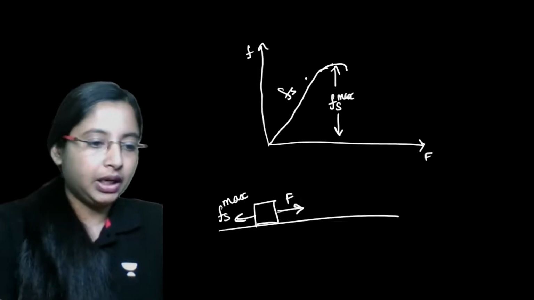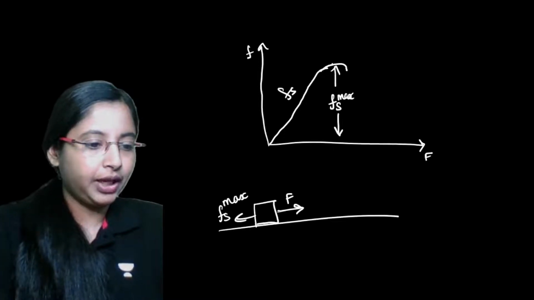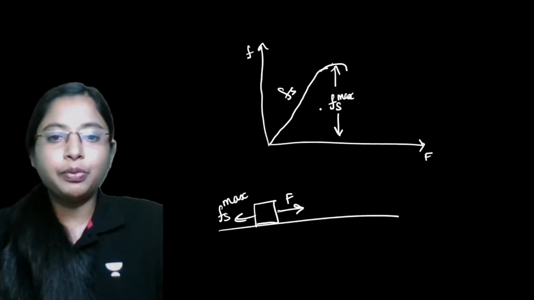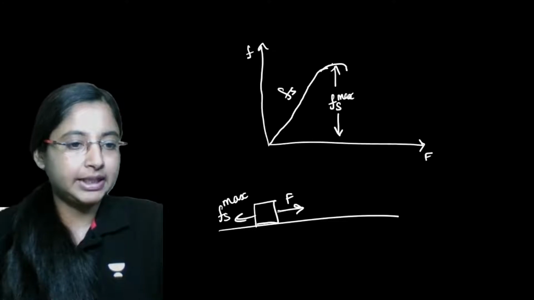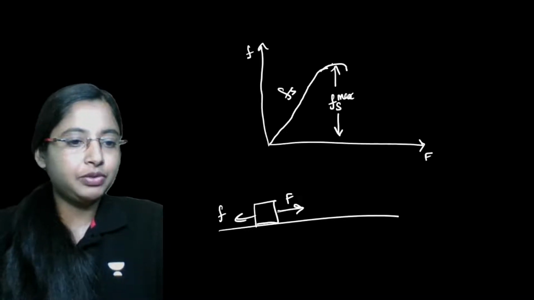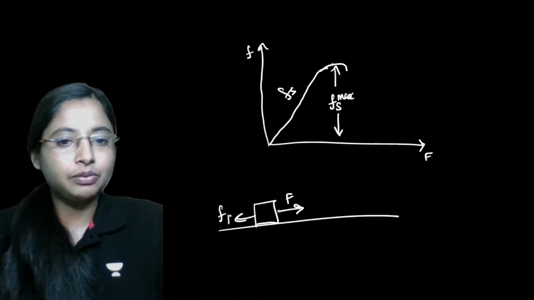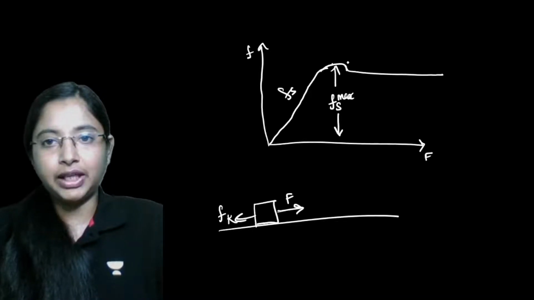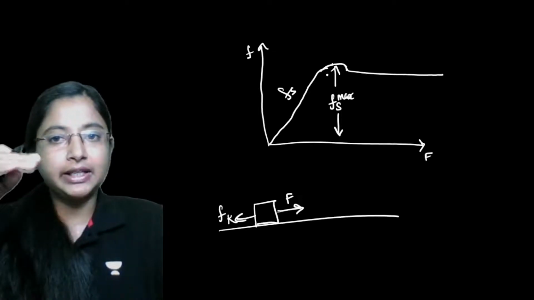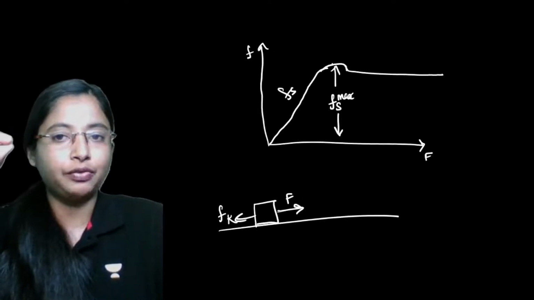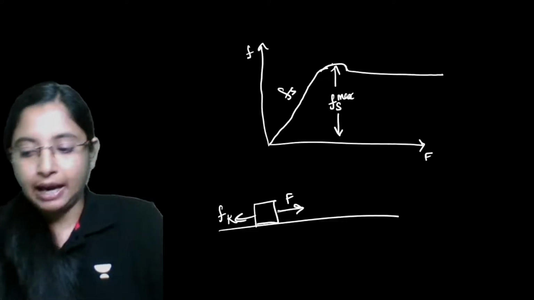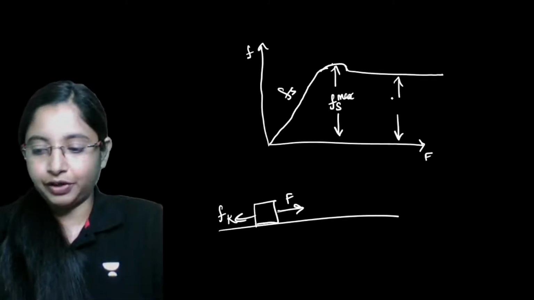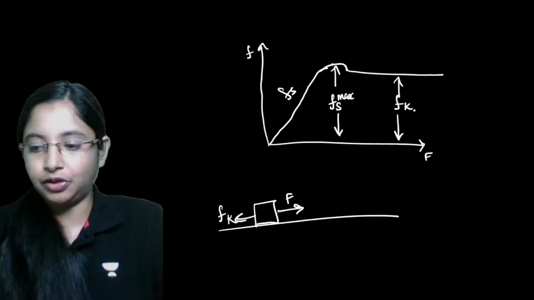After this point, if you apply force, the object begins to move, and the force that comes into the picture is kinetic friction. Static friction increases; at one point you have maximum static friction, which is limiting friction, after which kinetic friction comes into the picture as the object is moving.